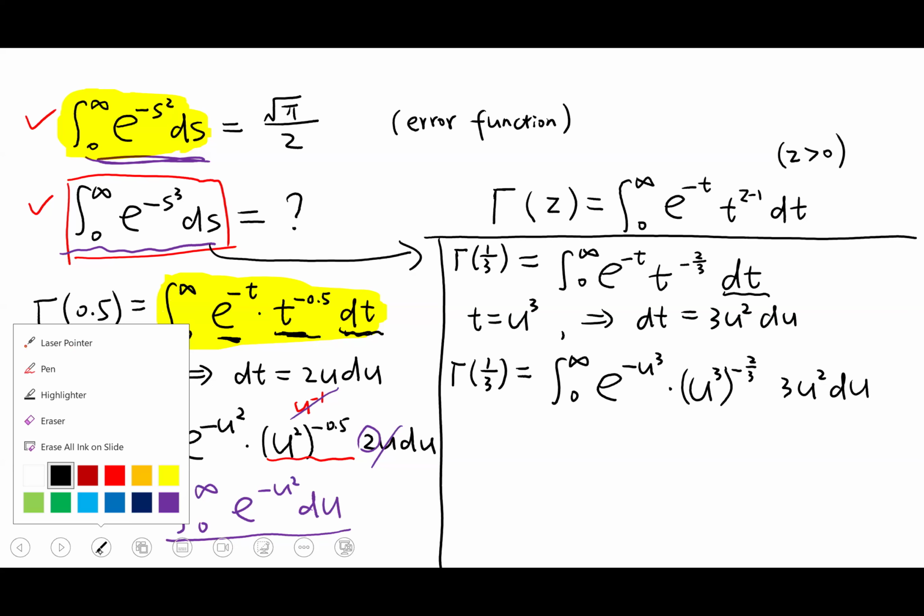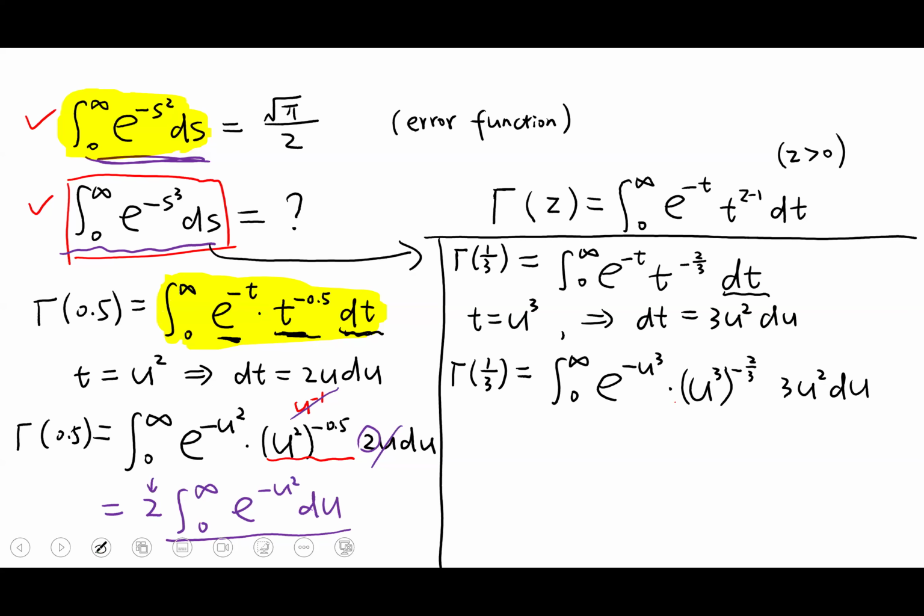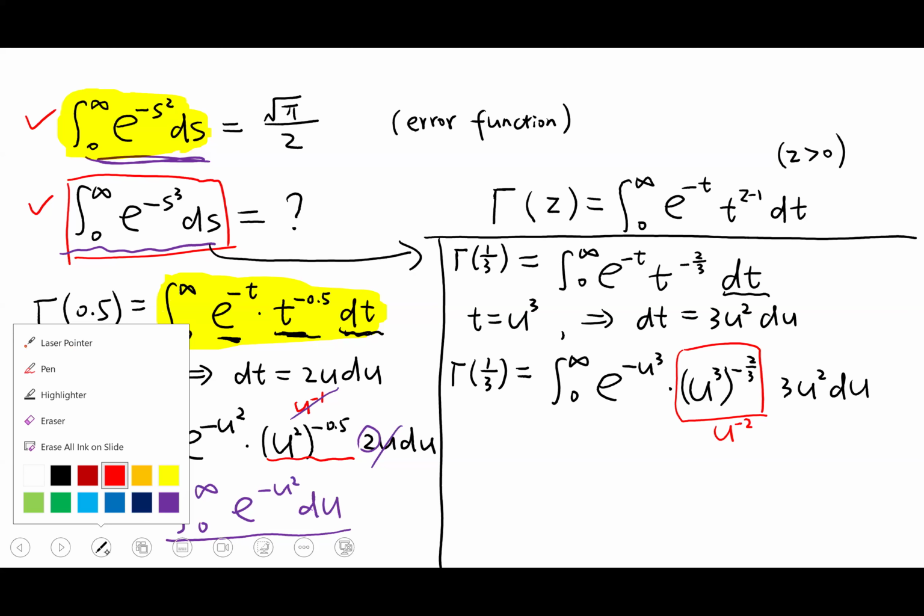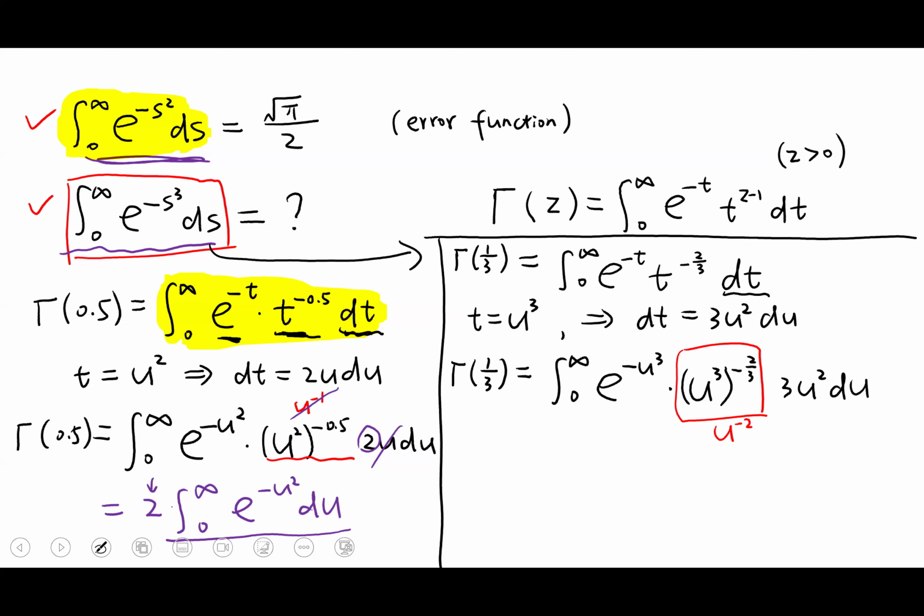So now we first solve this. What does this equal to? This should equal to u to the power of negative 2, right? And then since this is u to the power of negative 2 and you've got u to the power of 2, they cancel out.